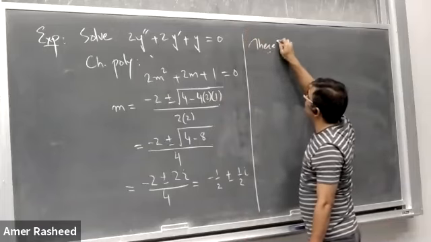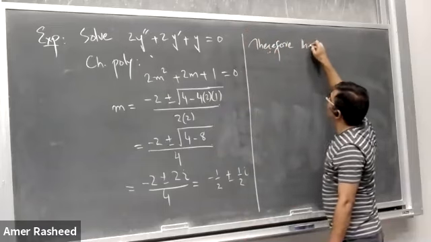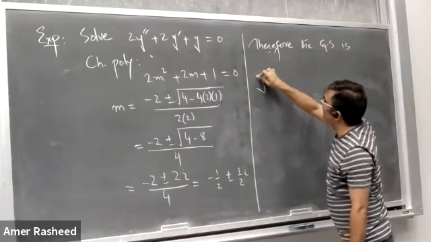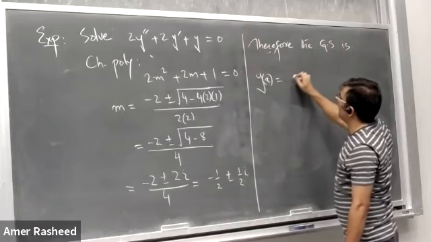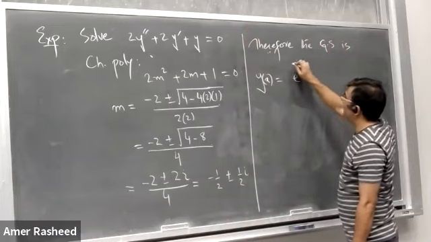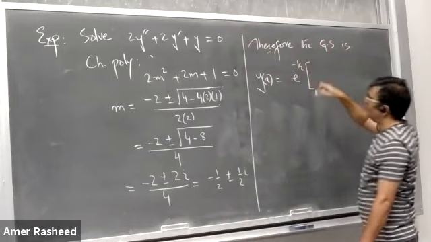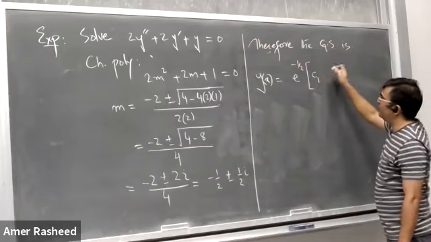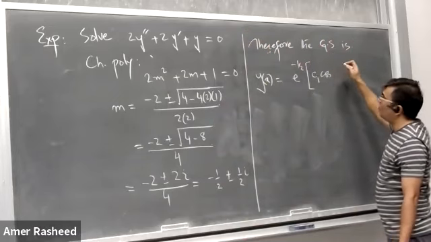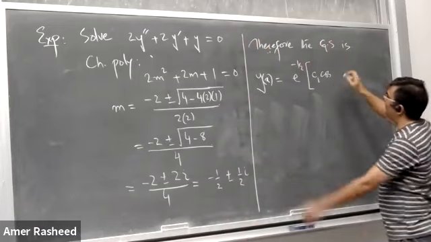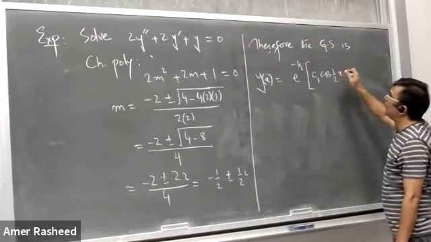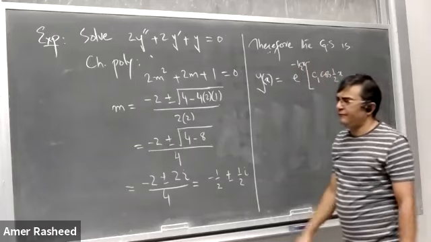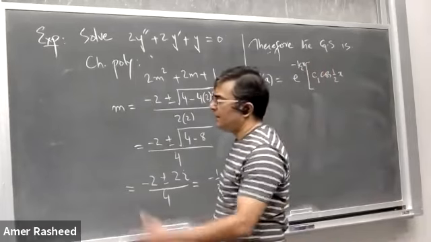Therefore, the general solution is y of x is equal to e raised power real part, which is negative 1 by 2, and a constant, maybe C1, cos of the imaginary part. Imaginary part is 1 by 2 again, 1 by 2 x. So e raised power minus 1 by 2 x here. You have to write the independent variable as well.